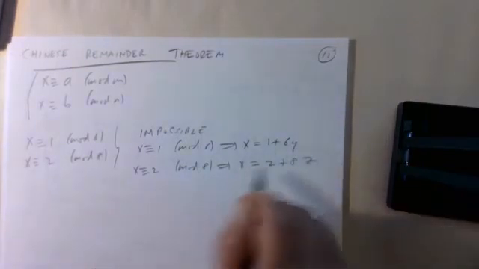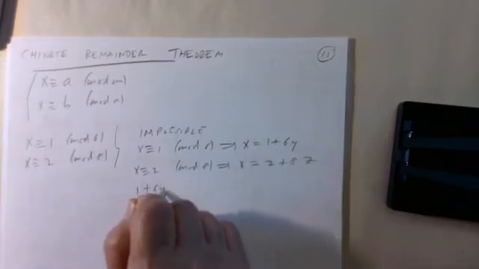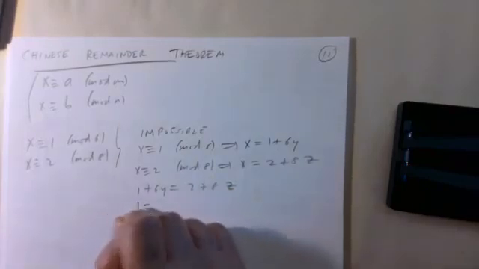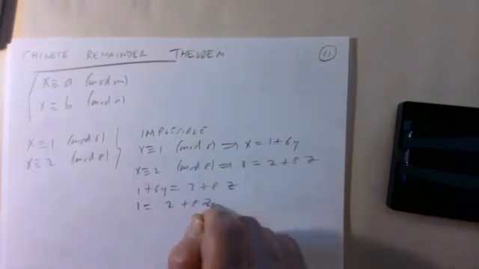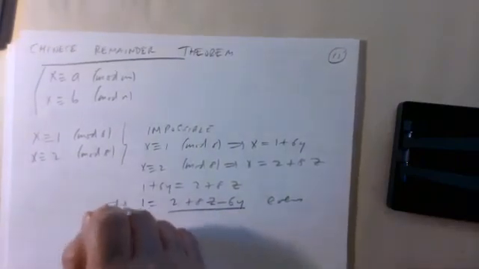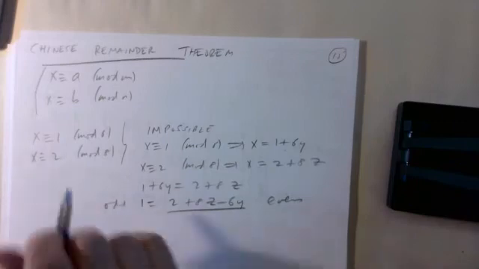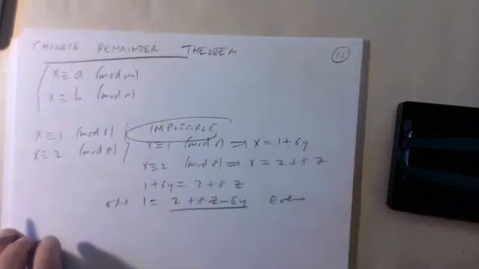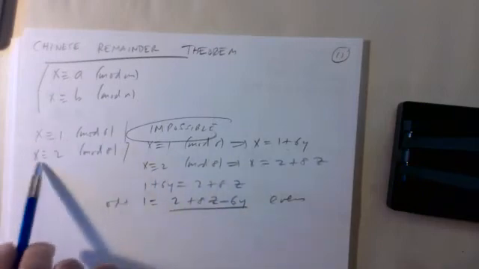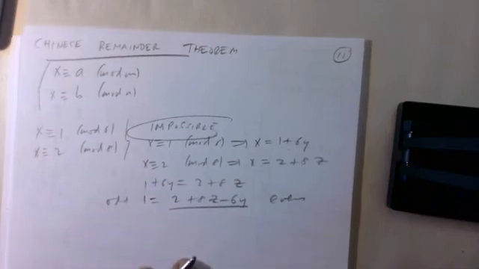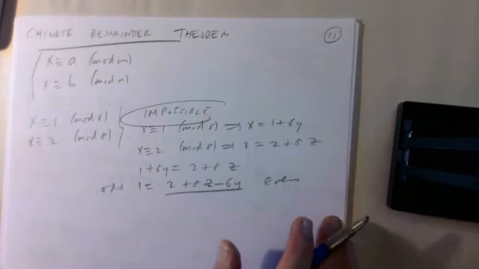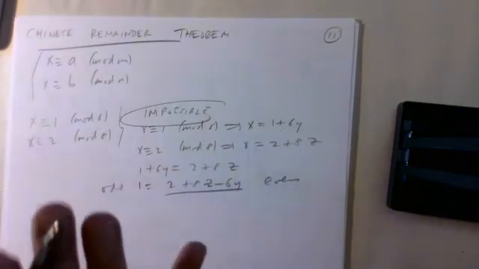So you would have 1 plus 6y equals 2 plus 8z, or 1 is 2 plus 8z minus 6y. This number is even and 1 is odd, so this is impossible. So if you wanted to find a number that is congruent to 1 mod 6 and 2 mod 8, the answer is don't even waste your time trying. Here's a proof. There's no solution. So this is not always possible.